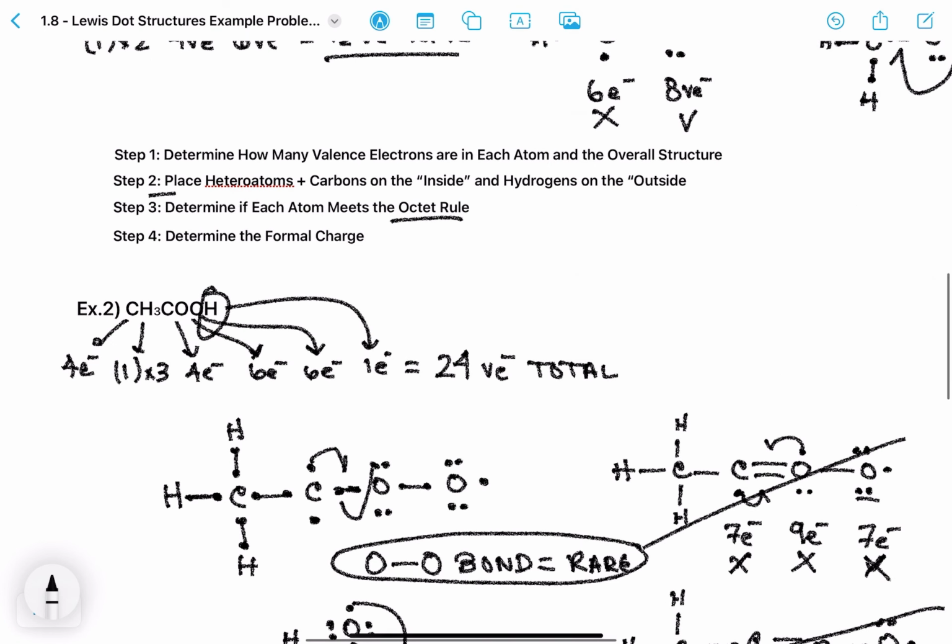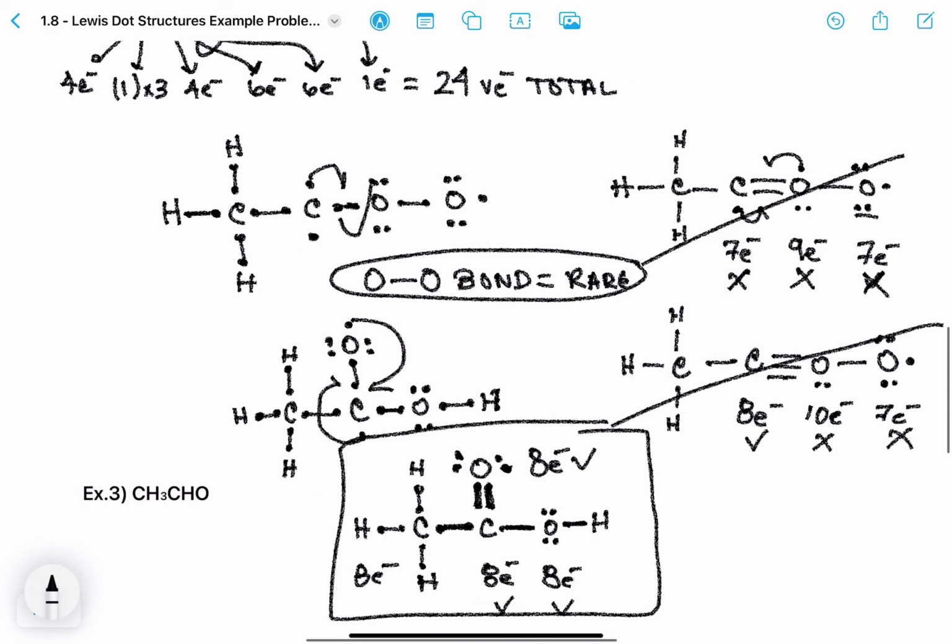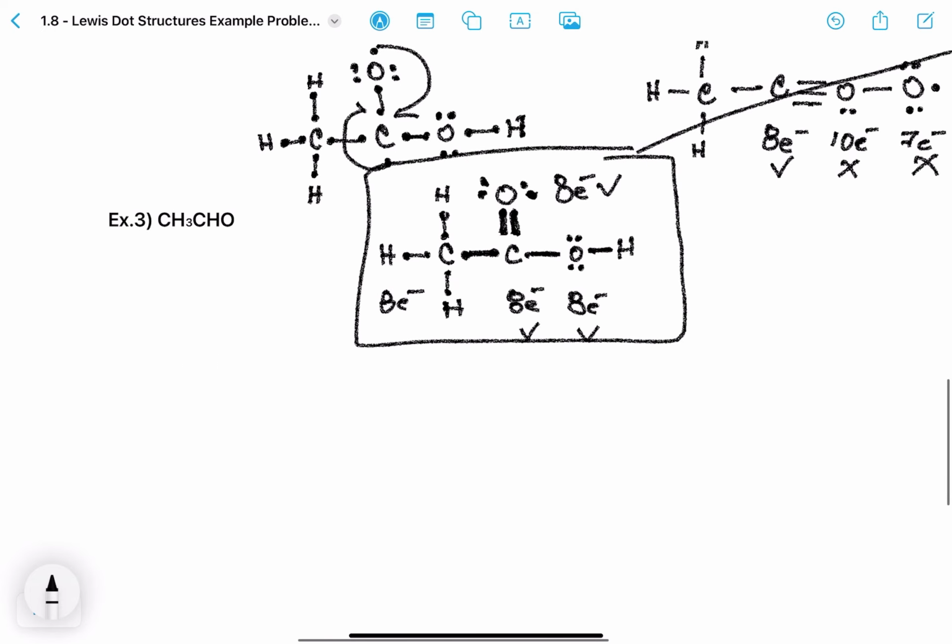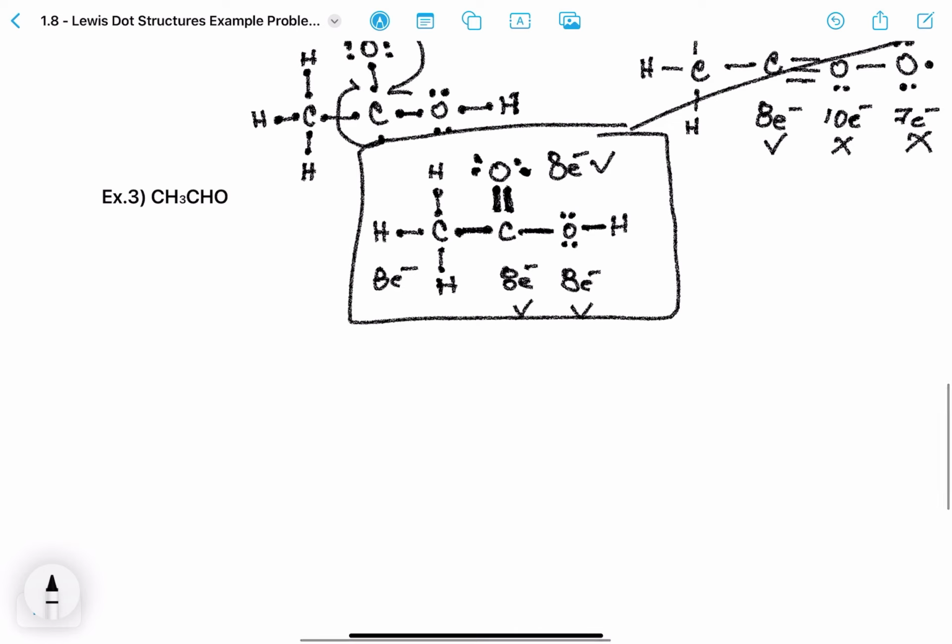And so lastly, we're going to make sure that we go through each step to make sure we don't miss anything. The last problem, CH3CHO, we're going to go ahead and do our same thing. We're going to count. So I have 4 electrons there.